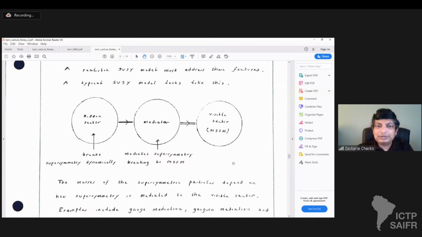The masses of the supersymmetric particles, the MSSM superpartners, depend on exactly how supersymmetry is transmitted from the breaking sector to us. So depending on how that supersymmetry breaking is mediated to us, that determines the masses of the superpartners.